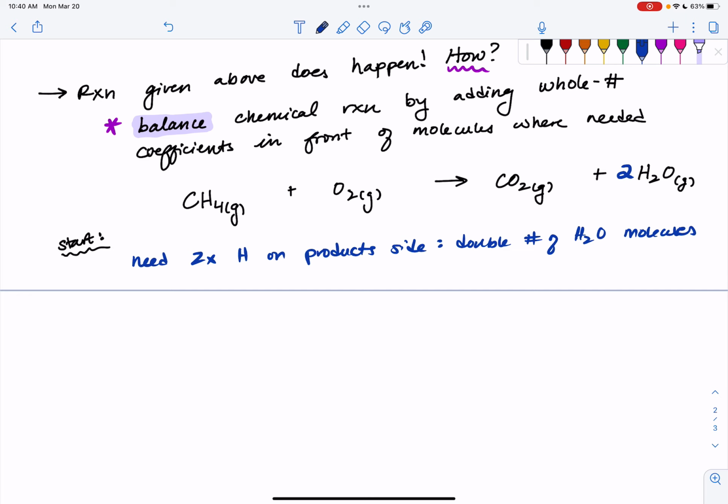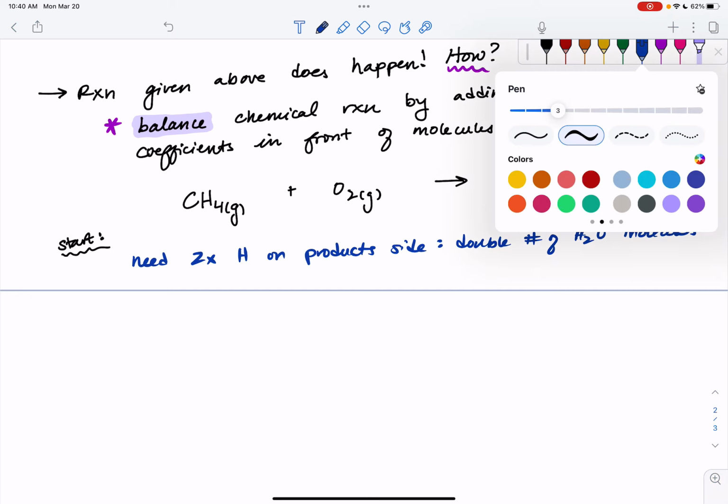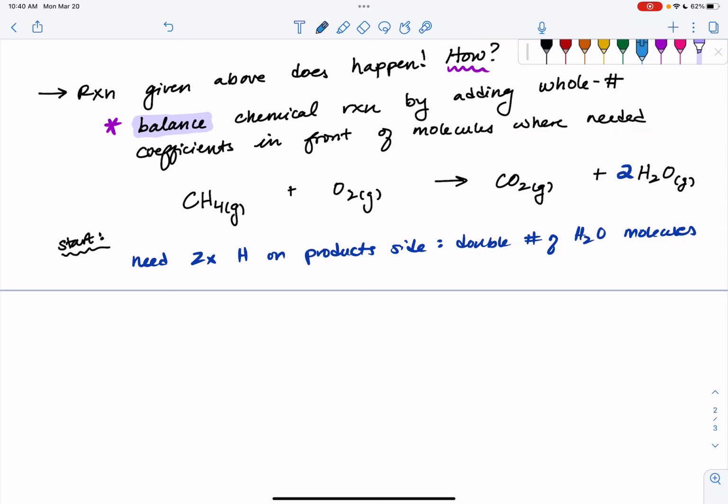Okay. Now, before we move on, let's think about this. Since I am doubling the amount of H2O molecules, this means that I am also doubling my oxygen because H2O contains both hydrogen and oxygen.